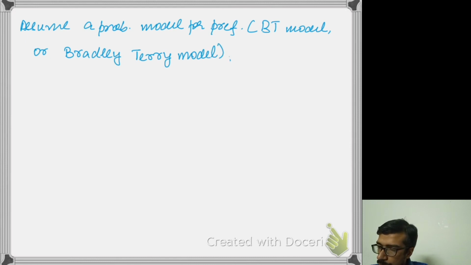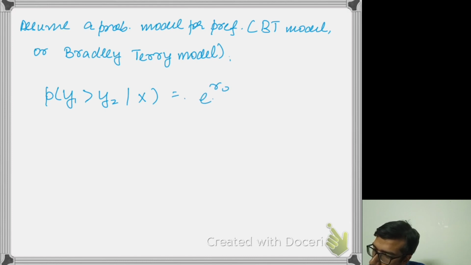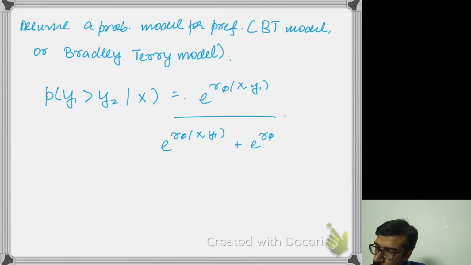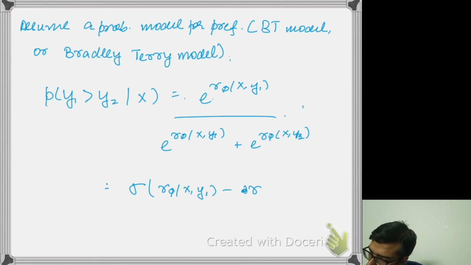So here this models the probability that y1 is a better response than y2 given input x as exponential of r phi x y1 over exponential of r phi x y1 plus exponential of r phi x y2, okay, which is nothing but sigmoid of r phi x y1 minus r phi x y2.